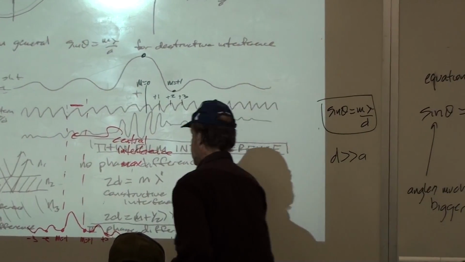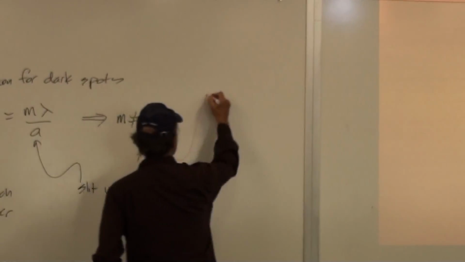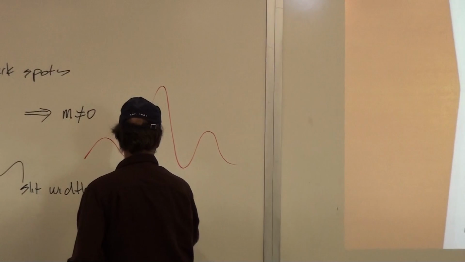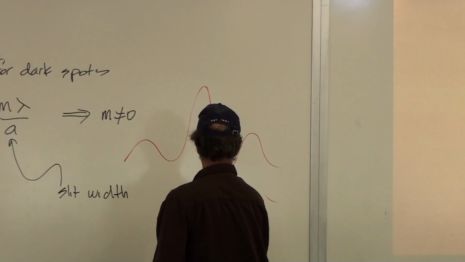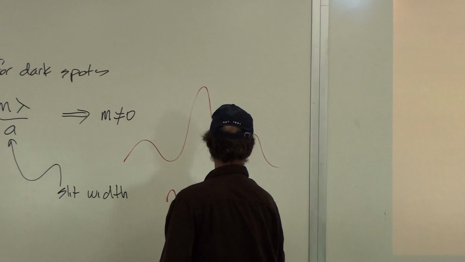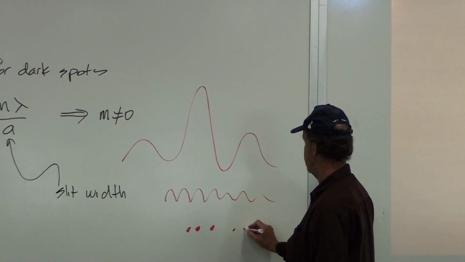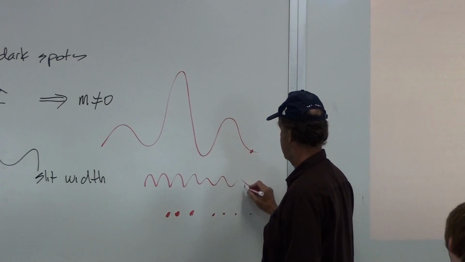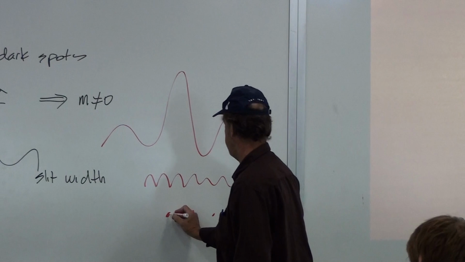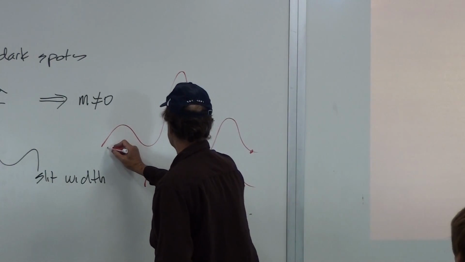So if this pattern is a really big pattern, and this pattern is a really small pattern, then what you're going to see is bright spots, then you're not going to see anything there. And then you're going to see less bright here, and then nothing there.